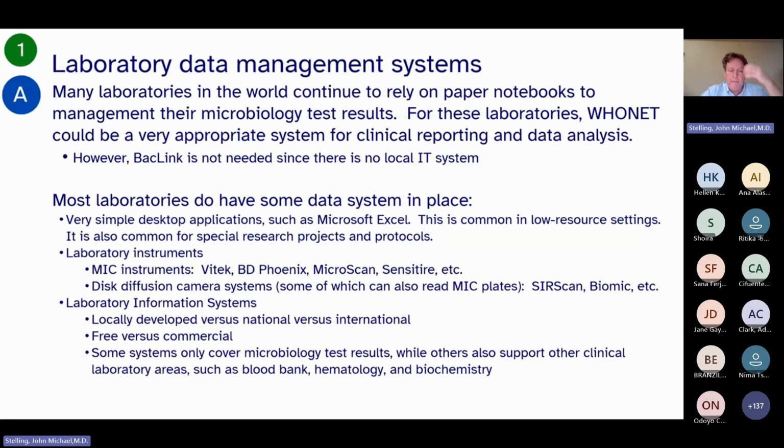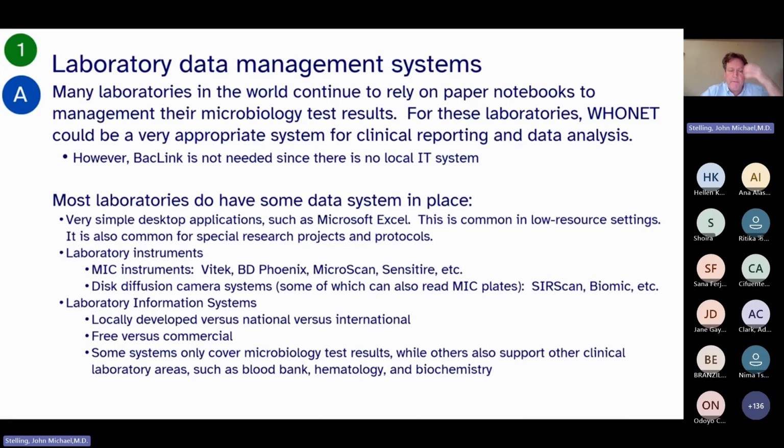Many times they start with blood bank, hematology, chemistry. They make a nice LIS, but in microbiology, they cut corners and make it too simple. Especially this is problematic with regard to antimicrobial susceptibility test results, which can be complicated to do the interpretations of MIC values and zone diameters.